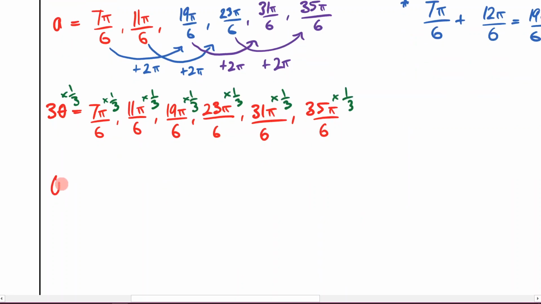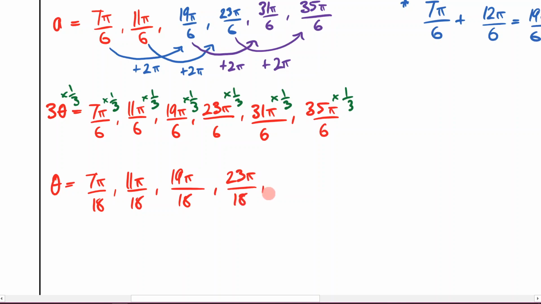So I'm going to get theta is equal to 7 pi on 18, 11 pi on 18, 19 pi on 18, 23 pi on 18, 31 pi on 18, 35 pi on 18. Those are going to be my answers.